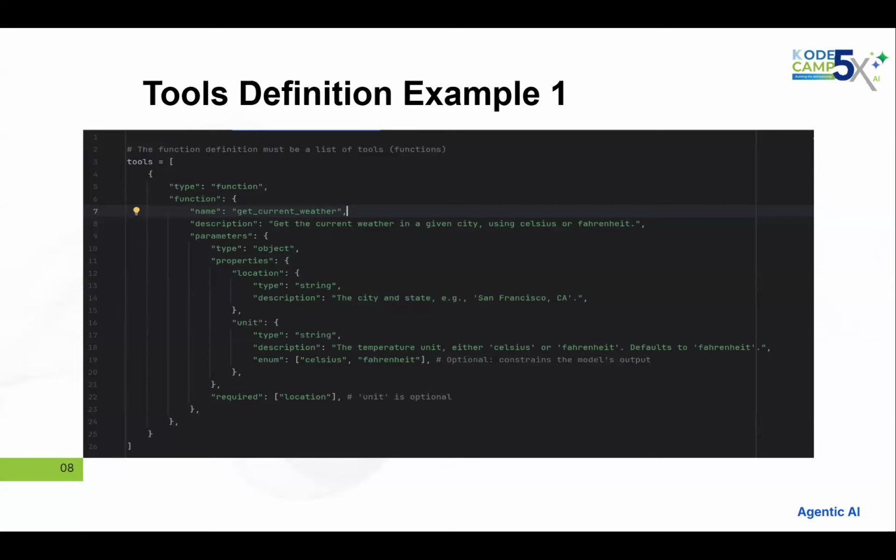It may use that output as input for its next action, or the next action can be providing some information to the user. So it's good for the LLM to understand that if the unit is not specified, whatever value it's given from the function execution is in Fahrenheit.